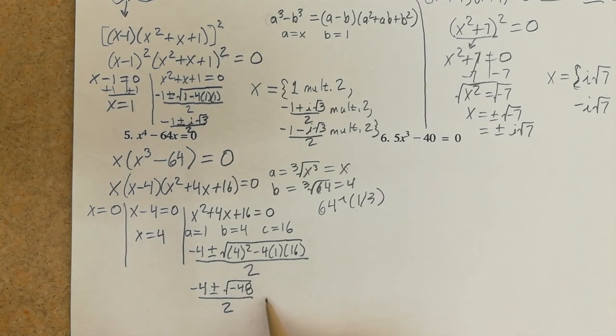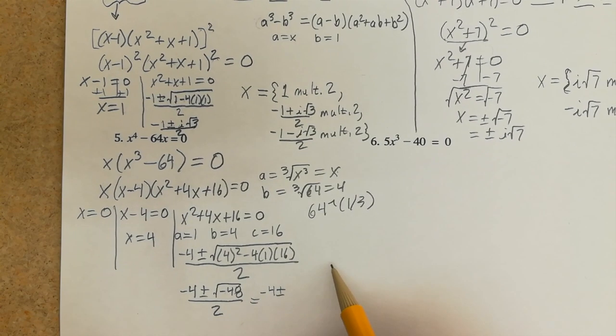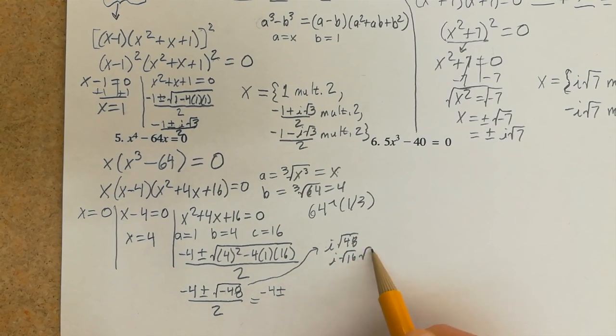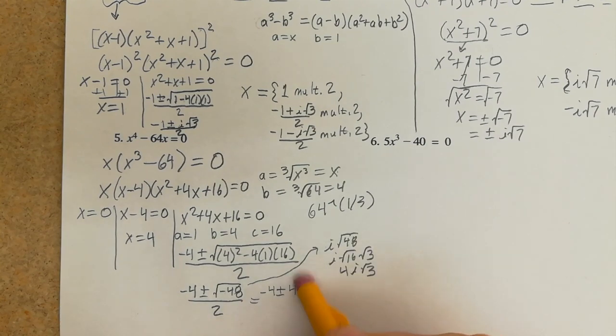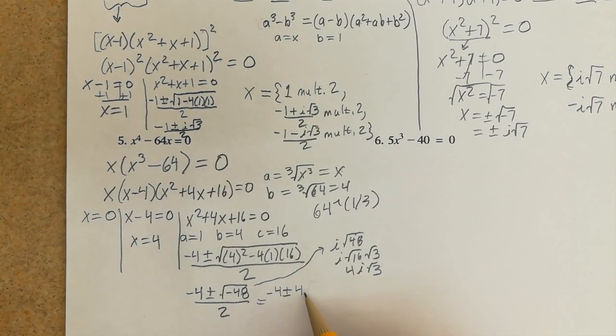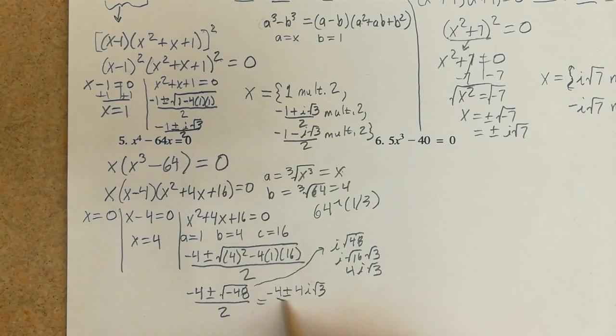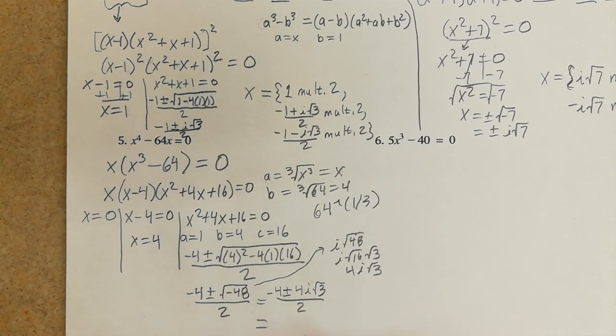This is going to reduce to, we're going to have an i, and then, well, let me just think of that off to the side here, if I can squeeze it in. So I'll have i root 48, and then 16 is the biggest perfect square that goes into that. Goes in 3 times, so you get 4i root 3. So negative 4 plus or minus 4i times the square root of 3 all over 2, and then 2 divides into both of those.